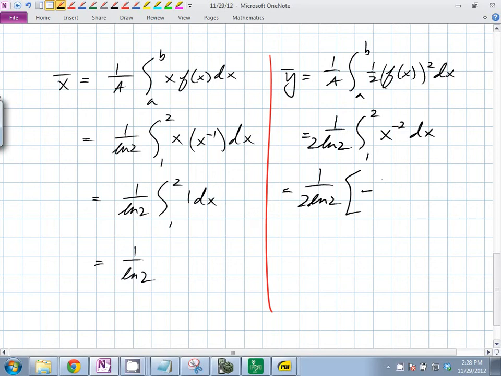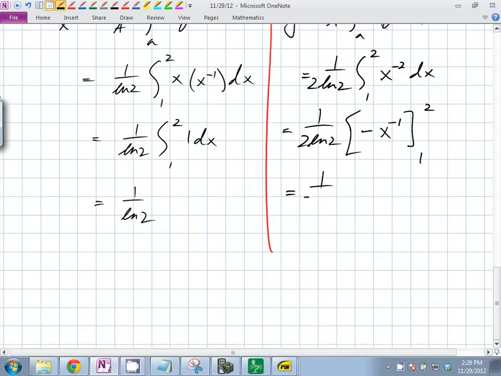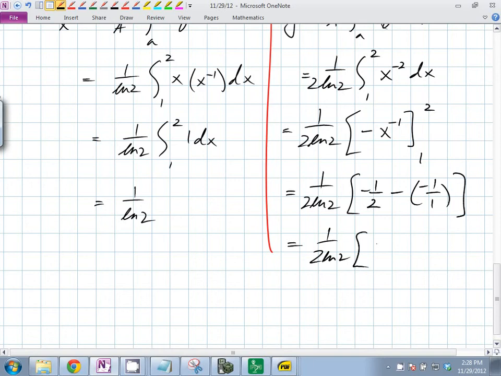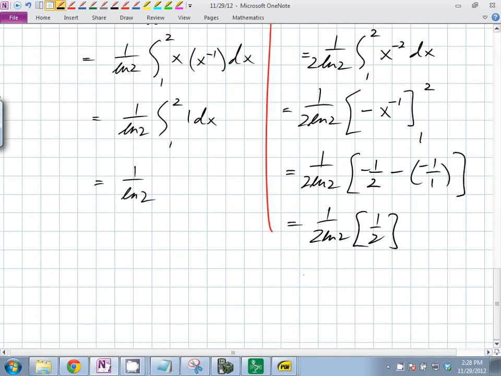What does that come out to be if you evaluate this? It's going to be negative a half minus negative 1. So it comes out to be 1 over 2 ln 2 times what? 1/2. Nice. So it's 1 over 4 ln 2.